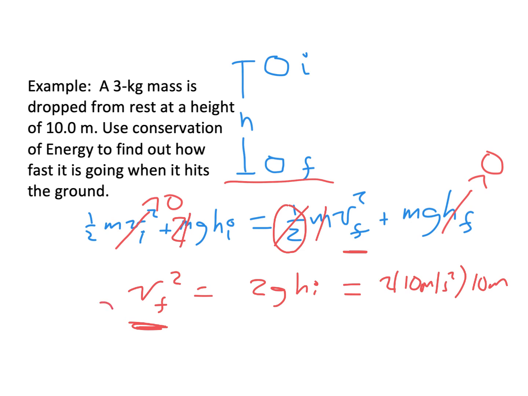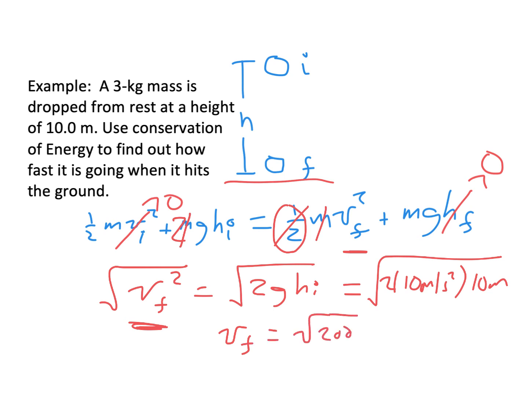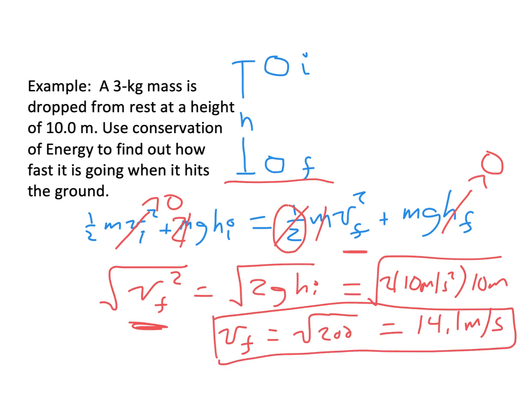If I want the final velocity, I just need to take a square root of every term. 2 times 10 times 10 is 200, and so we get that v final is the square root of 200, and that is equal to about 14.1, and the units of velocity or speed are, of course, meters per second, and so our final speed is 14.1 meters per second.